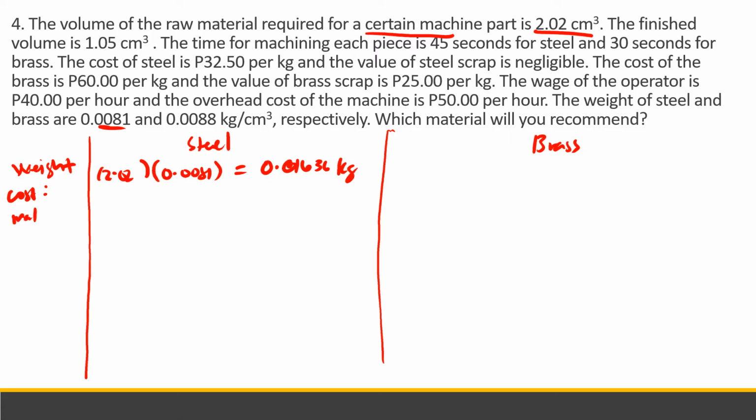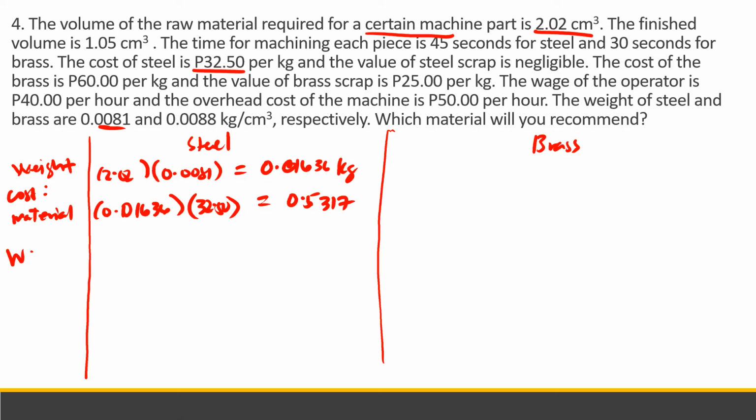Now for the cost, so para sa material, for each material weighs 0.0136 multiplied by 32.50 per kilogram of the steel, so 0.5317. So this is per unit nung certain machine part.